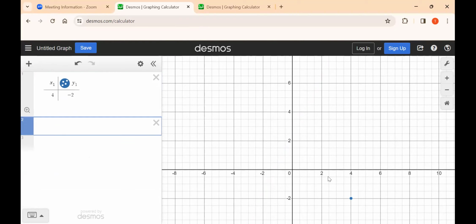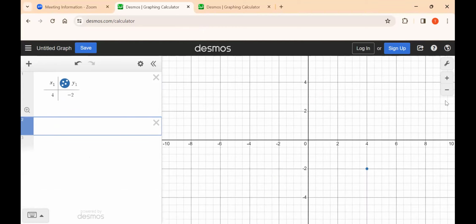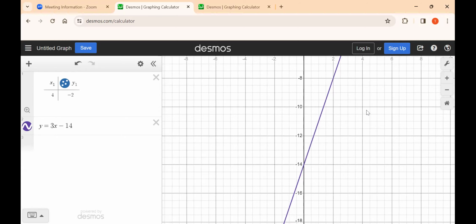And I want the line to go through that point, and I want it to have a slope of 3. Okay, so let's see if what I got was right. So if you notice, kind of move that on down. When I'm typing that in, it is going to touch right there at negative 14, and it is going to go through that point.